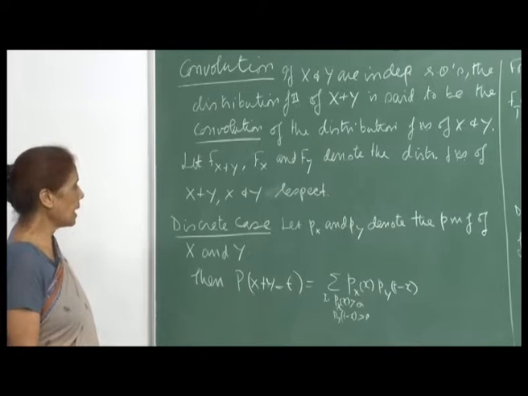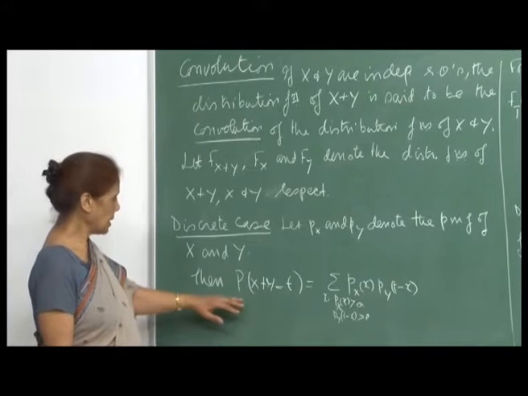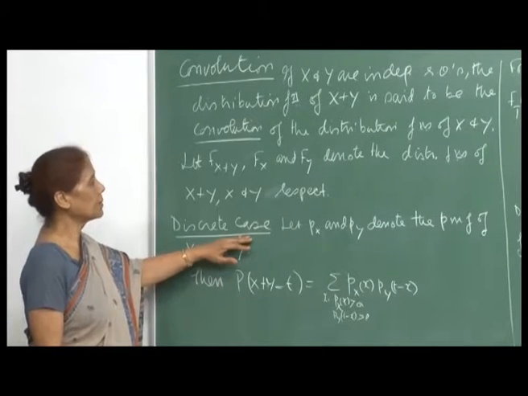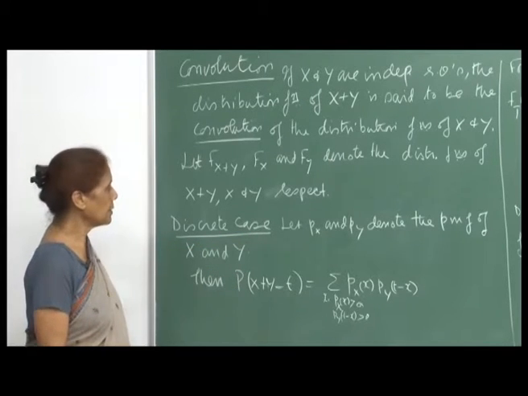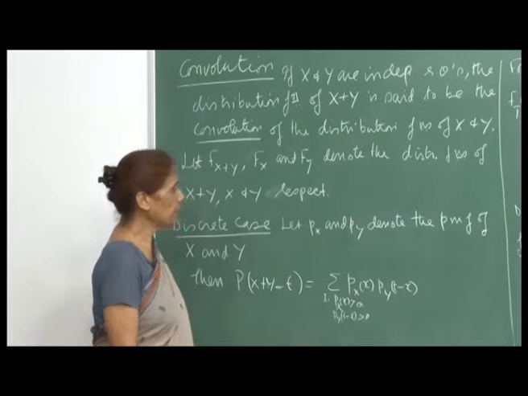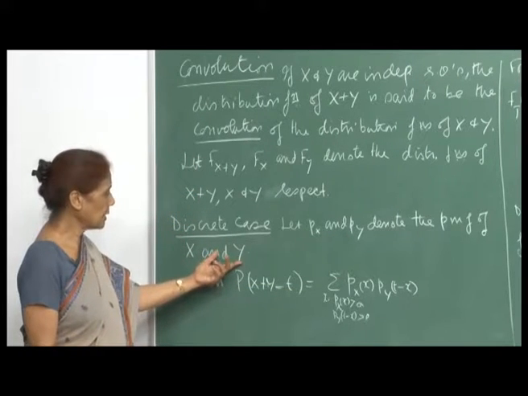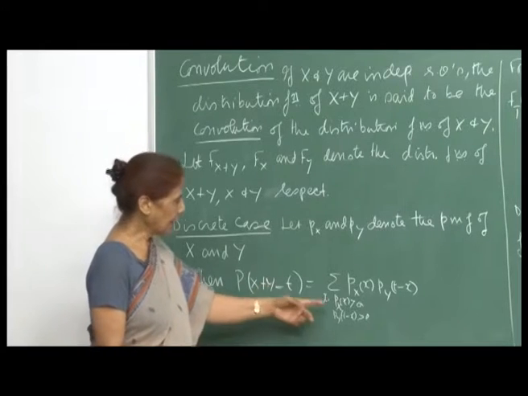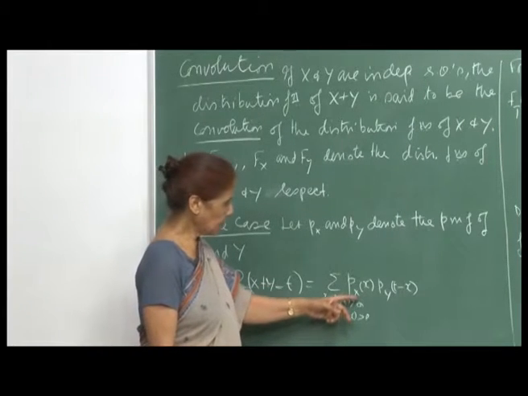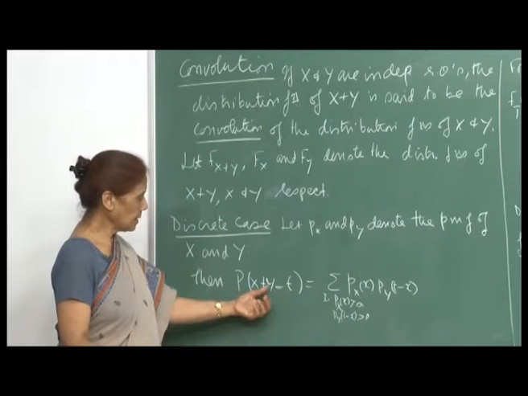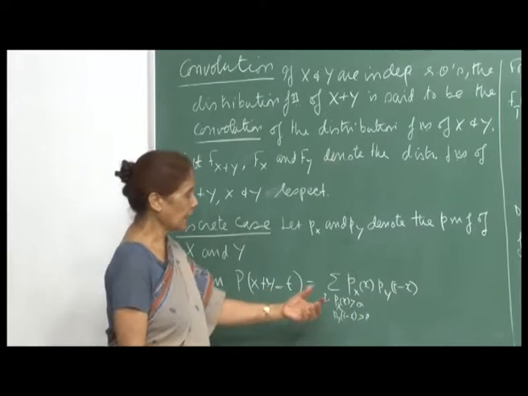Now, for the discrete case, the definition would be as follows. When X and Y both are discrete and independent random variables, and p of X and p of Y denote the PMF of X and Y respectively, then p of X plus Y at t we will write as the summation of p X at x times p Y at t minus x. So, you fix the value of capital X, then Y will take the value t minus x.